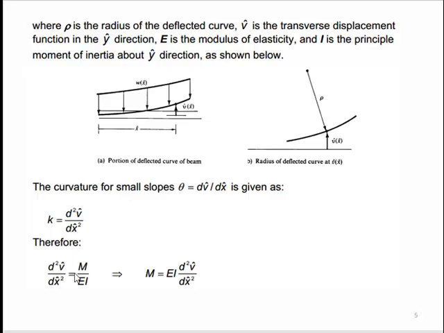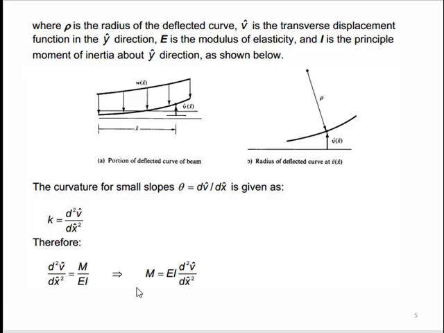And we also know the moment curvature relationship. So finally, we get M is equal to EI d2v over dx2. And this equation is also known as the equation of elastic curve, right? If you remember that in mechanics of materials at the undergraduate level, we use this equation to calculate the deflection of the beam as well, right?